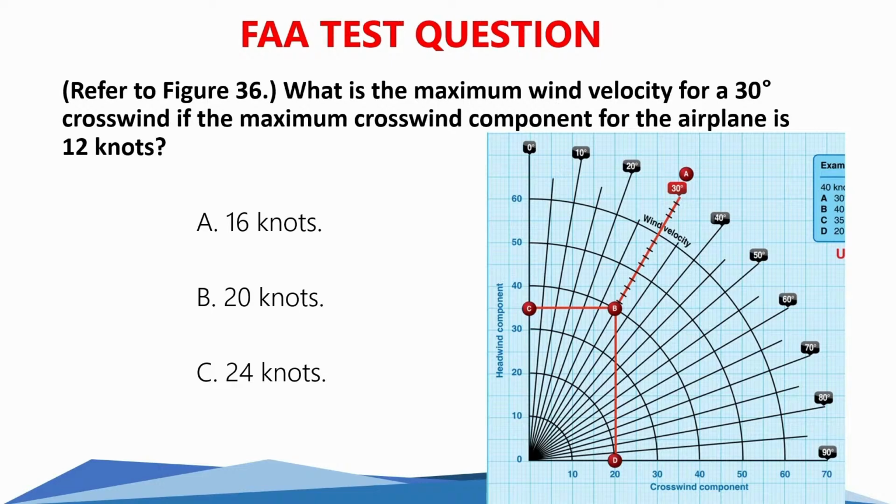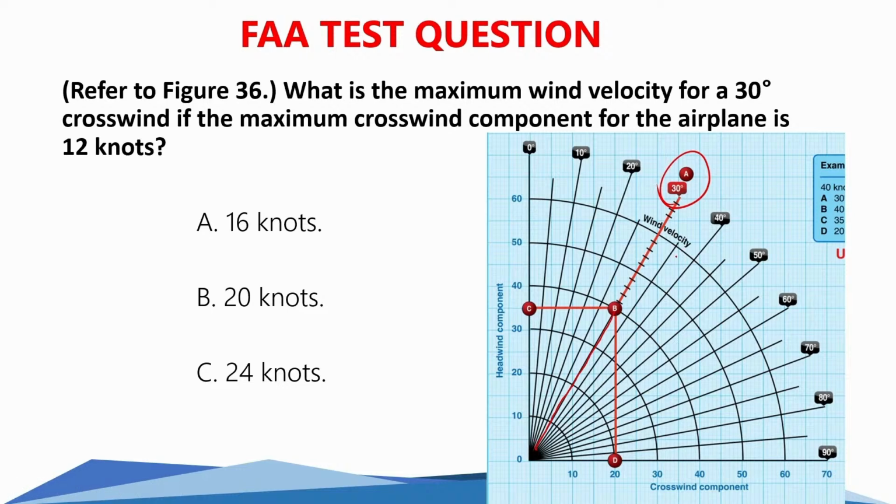So very simply, we kind of have to back into this answer. What it's asking for is, what is the maximum wind velocity for a 30-degree crosswind if the maximum crosswind component for the airplane is 12 knots? Okay, so very simply, all we're going to do here is look at the 30-degree mark, and that's going to be represented by this line continuing down.